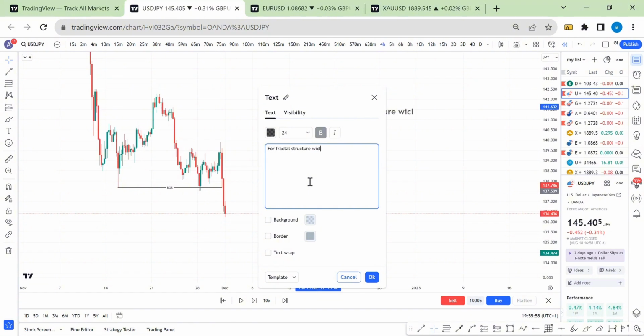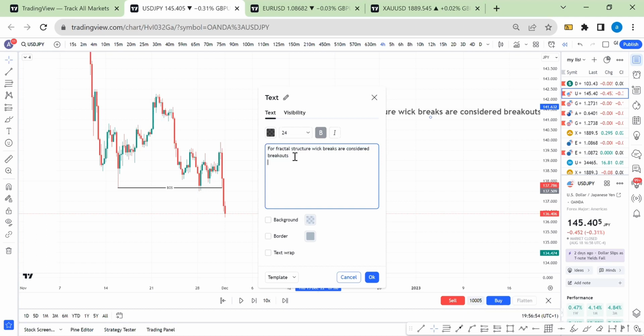We consider weak breaks as breakouts. So for fractal structure, weak breaks are considered breakouts.